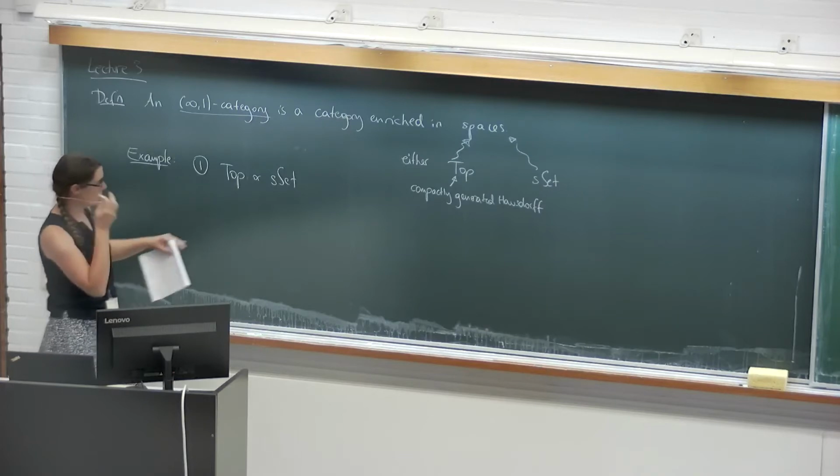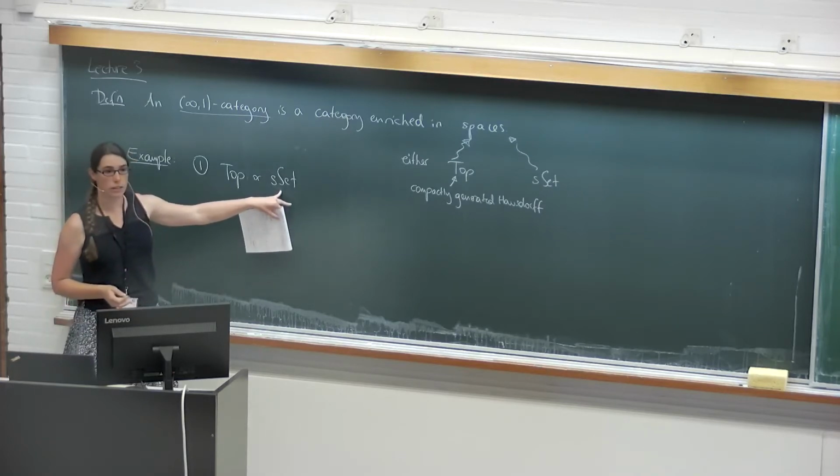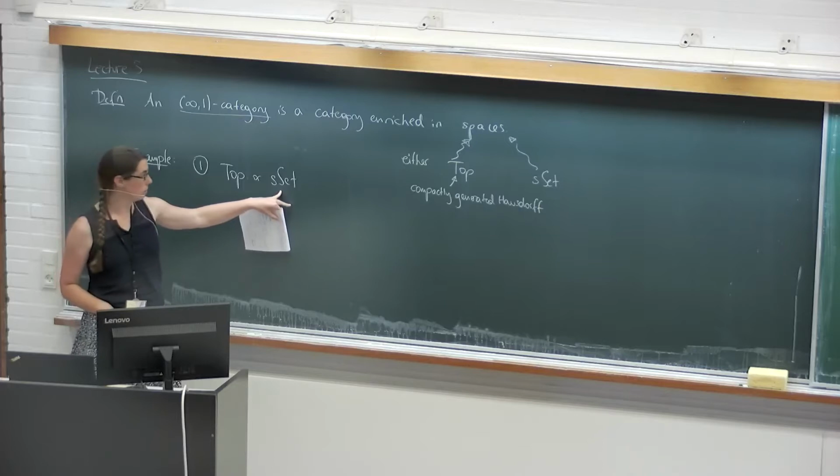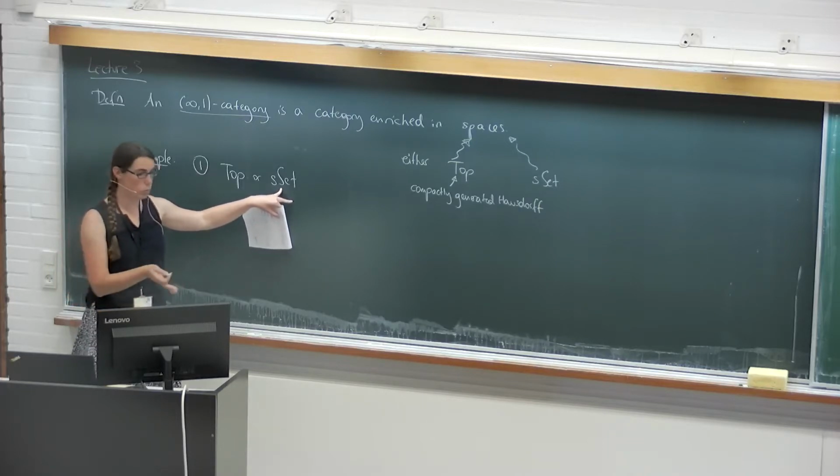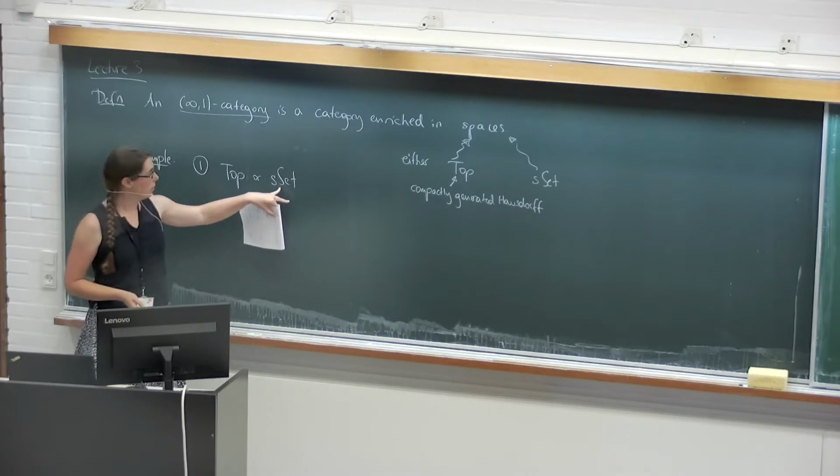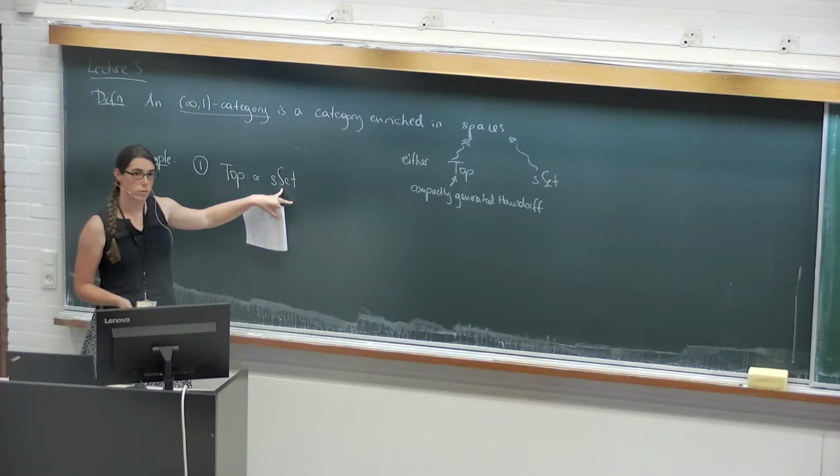And for simplicial sets, it's also very easy, well, the morphisms of simplicial sets are just level-wise. And then this is actually the zero simplices of a simplicial set themselves.